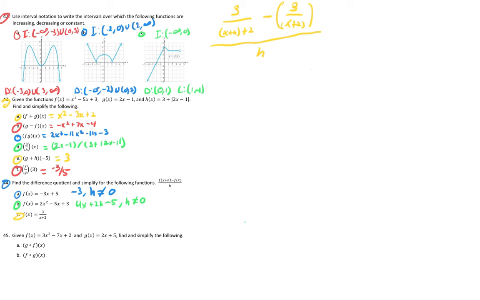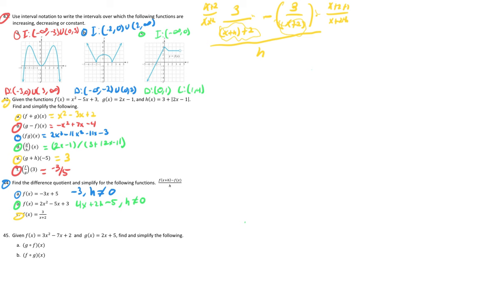So looking at this, we have a fraction here and a fraction here and a minus sign. So the only way we're going to get these to interact nicely together is find a common denominator, which will just be this denominator times that denominator. So this one will get an x plus 2 over x plus 2, and this one we're going to multiply by x plus 2 plus h over x plus 2 plus h.